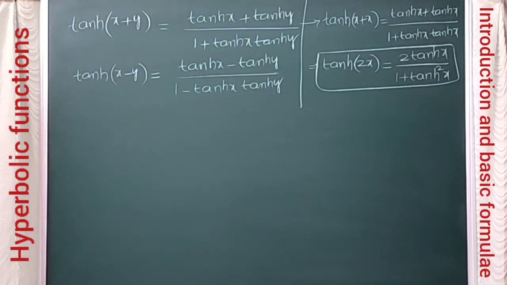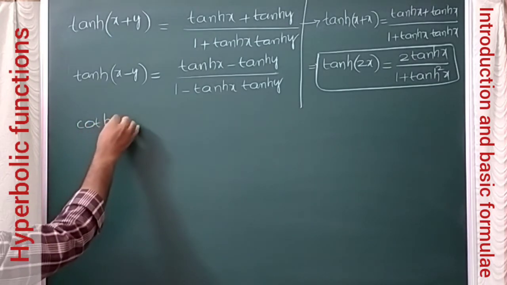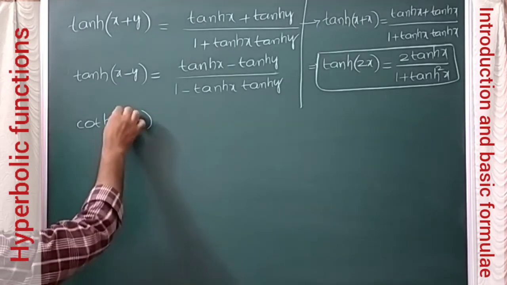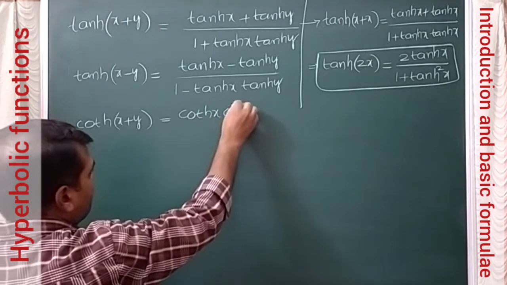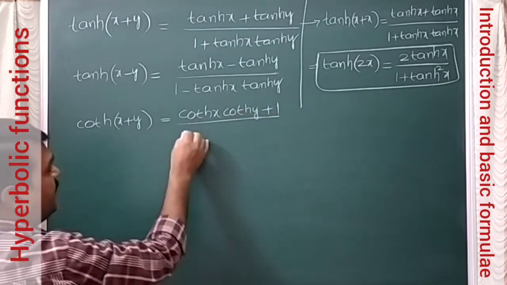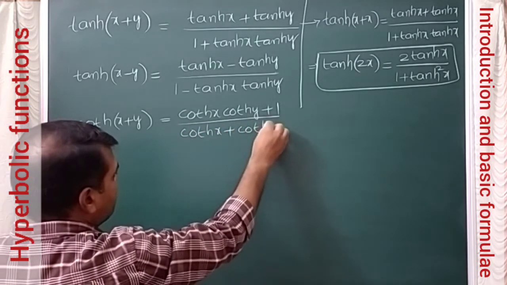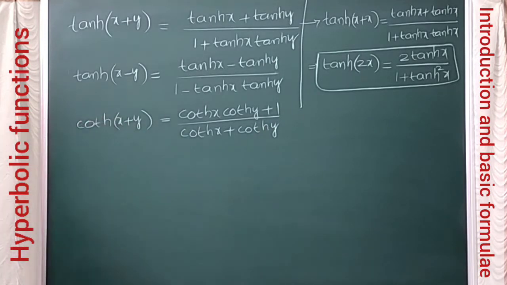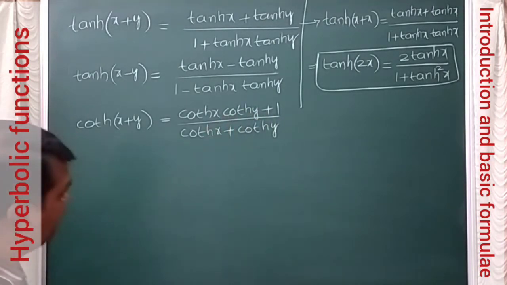Now coth of x plus y. So this is (coth x coth y plus 1) by (coth x plus coth y). Okay, so for coth of x plus y, you can observe that in both numerator and denominator you have plus in between the terms.